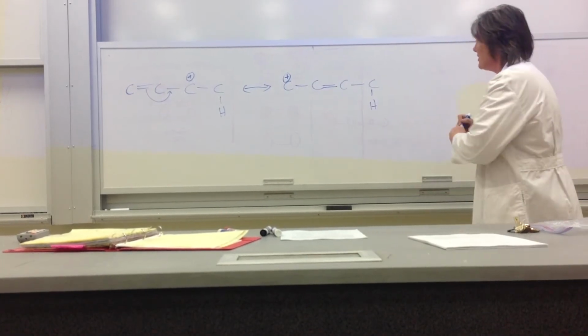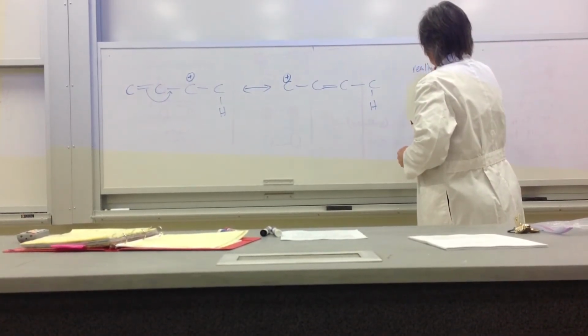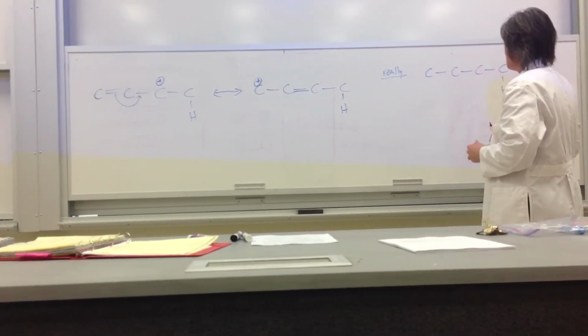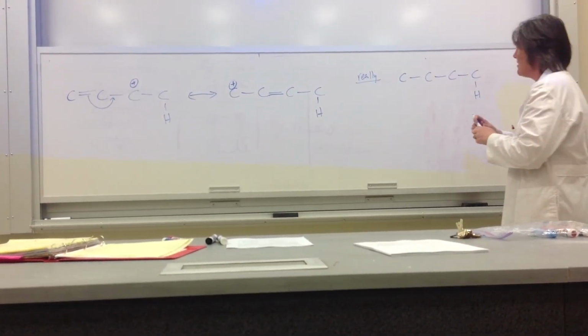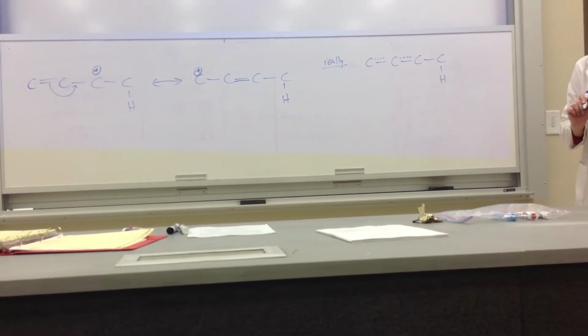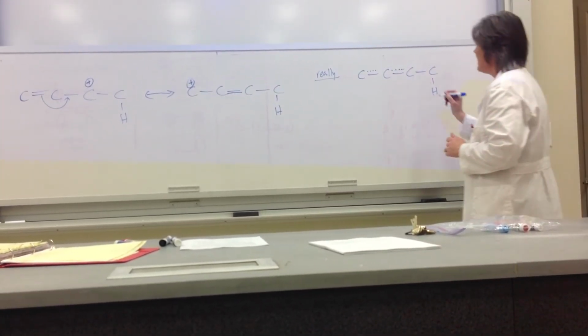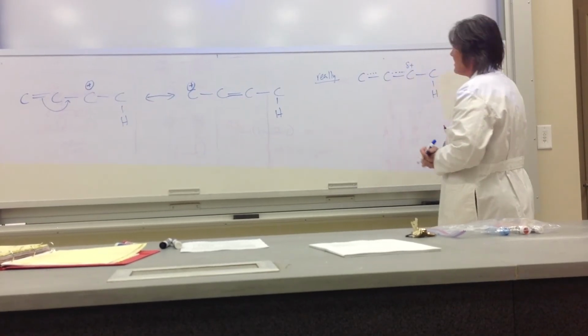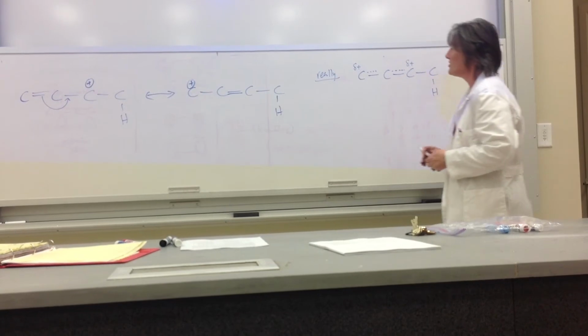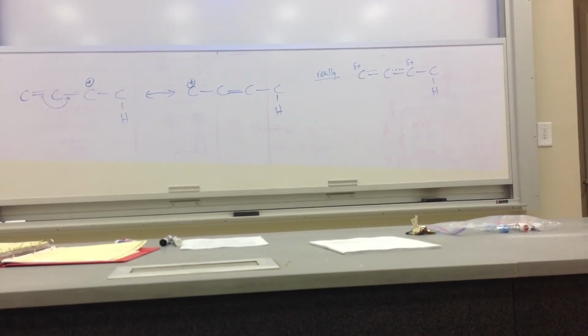But what's really going on is it really is like this. I added my H. I have electron density all in through here, like that. And I have a delta plus there, and I have a delta plus there. That's what's really going on.